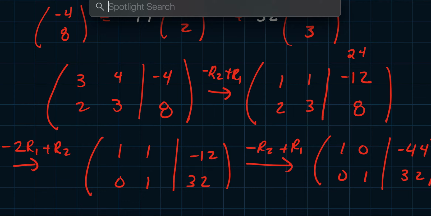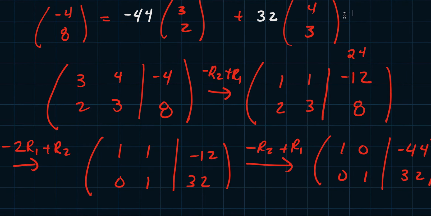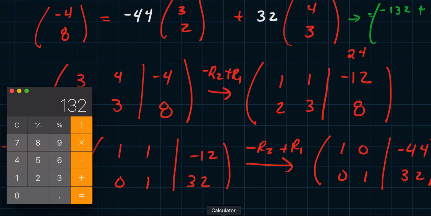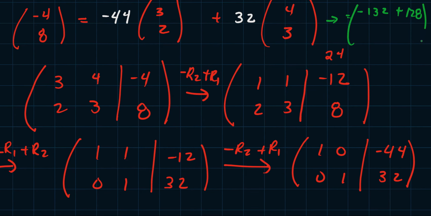Okay, let's get out a calculator. So 44 times 3 is 132. So let's put on this side what we're getting. This is 132, but a negative because I have a negative there. Plus, then 32 times 4 is 128.